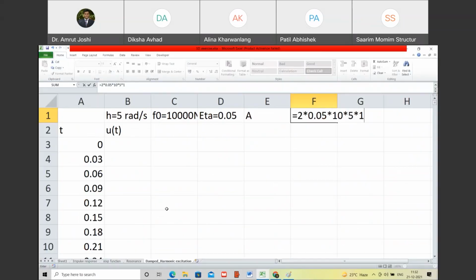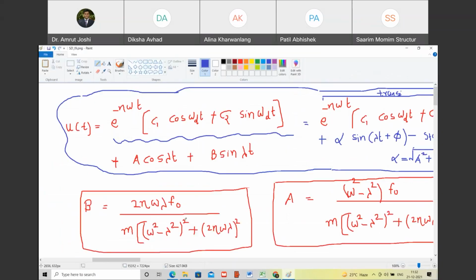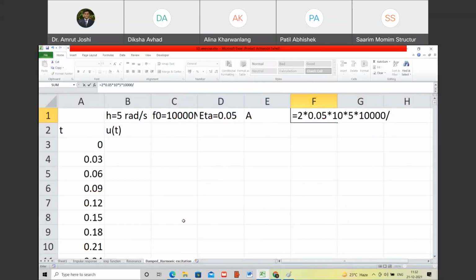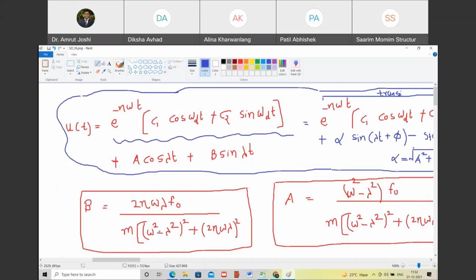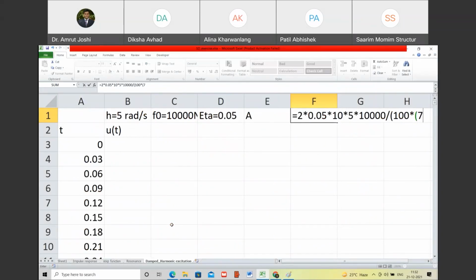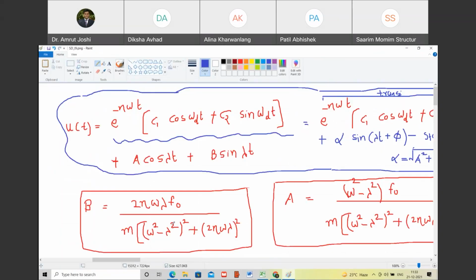What is F0? 10,000. 10,000 divided by M. So in bracket 100 into bracket, yes, tell me, omega square minus lambda square. तो omega कितना है 10, lambda कितना है 5. So 10 square is 100, 5 square is 25. तो ये 75 का square है. So this is 75 square.